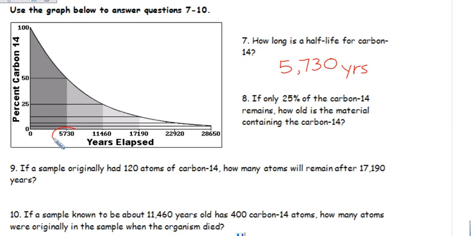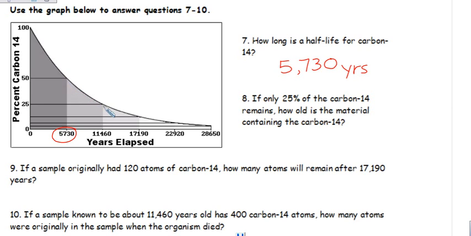Here's my first half-life. If only 25% of the carbon-14 remains, how old is the material? Okay, so let's look at this graph. A lot of these answers come right off the graph. My 100% goes down to 50. That's the first half-life.